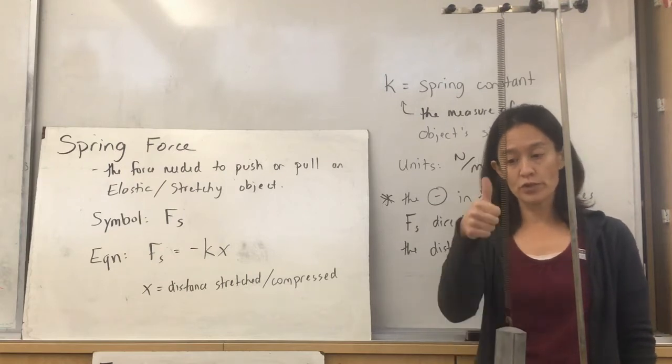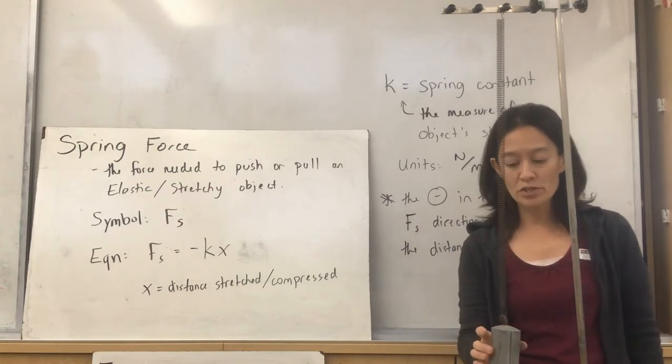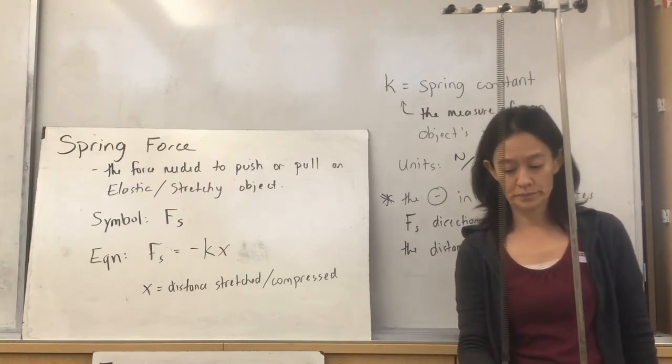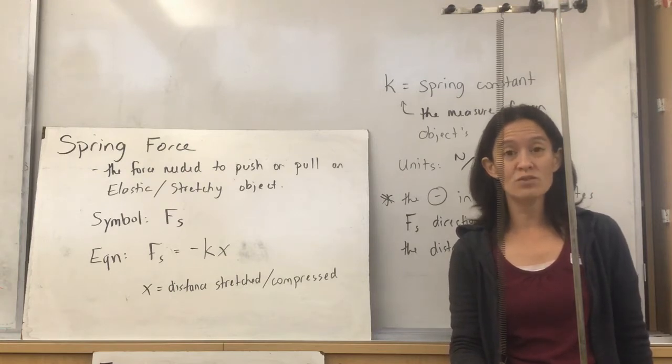So there's a spring force up and a weight down, and it's in equilibrium. But if I were to stretch the spring even more, the x value got bigger, and if the x value got bigger, the force got bigger. And if the spring force got bigger, it means the weight is no longer able to compensate for the spring force.